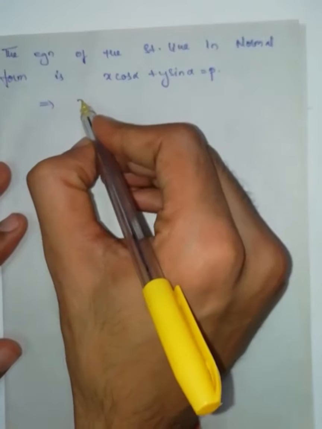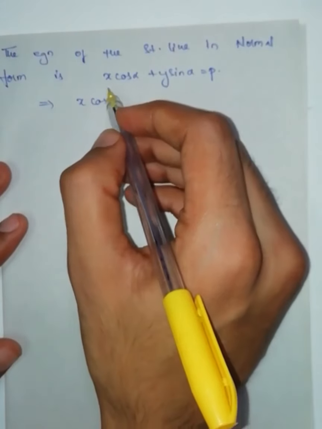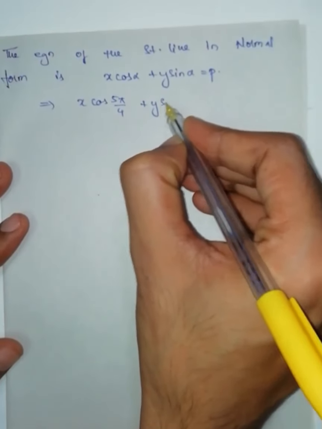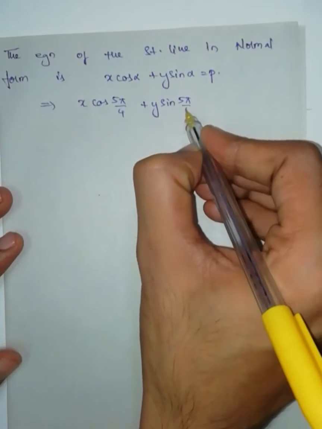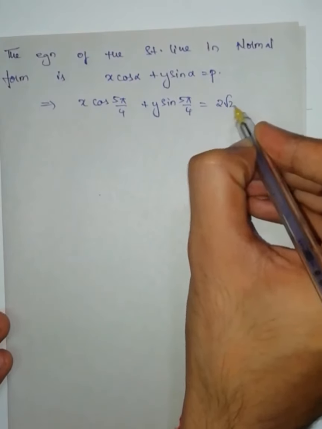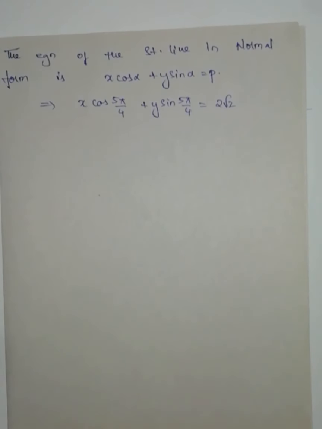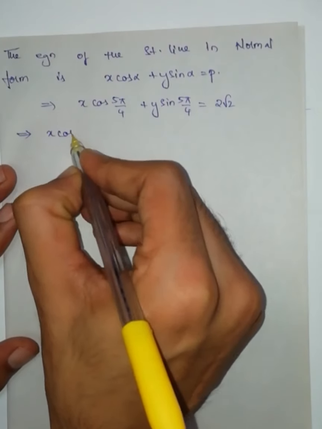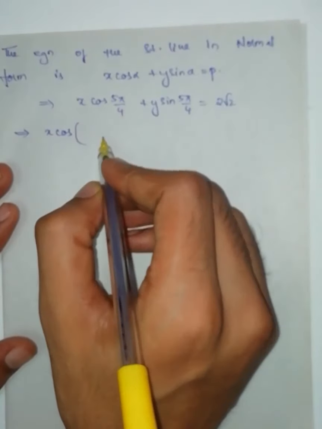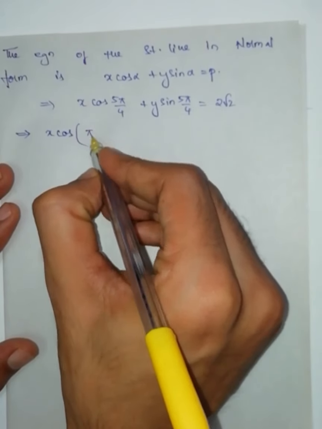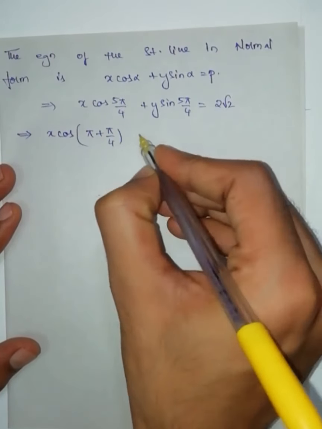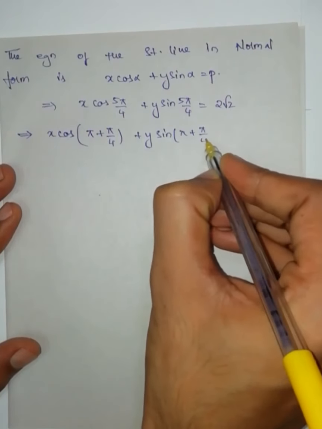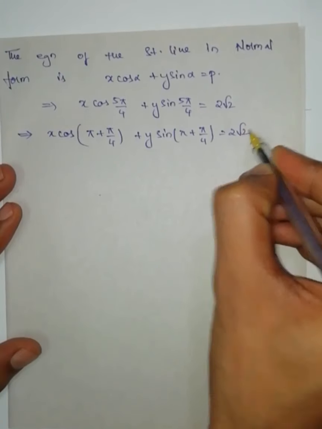This implies x cos 5 pi by 4 plus y sin 5 pi by 4 is equal to 2 root 2. This implies x cos 5 pi by 4, which can be written as pi plus pi by 4, plus y sin (pi plus pi by 4) is equal to 2 root 2.